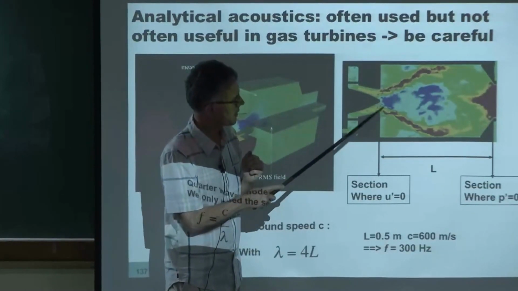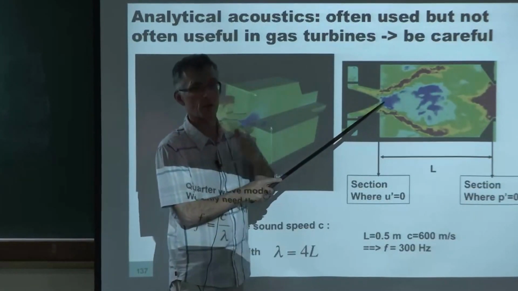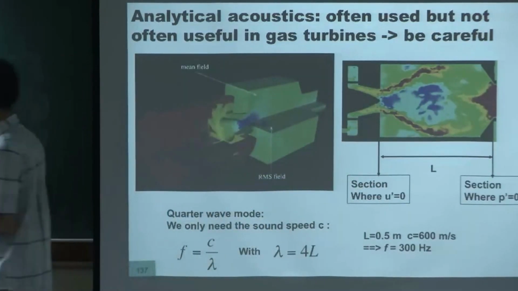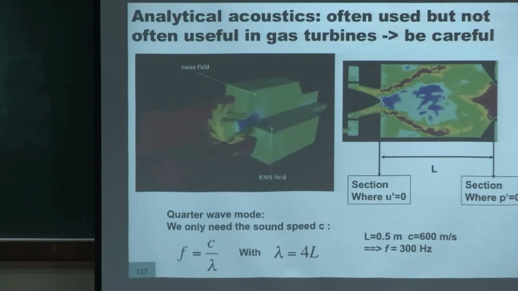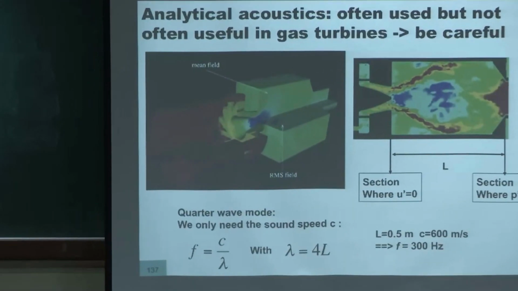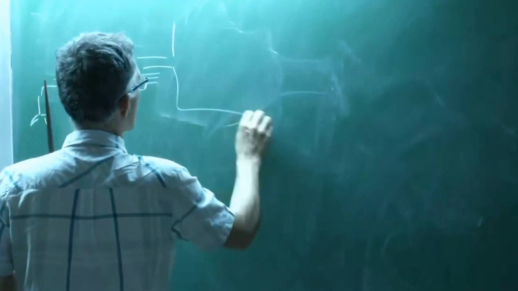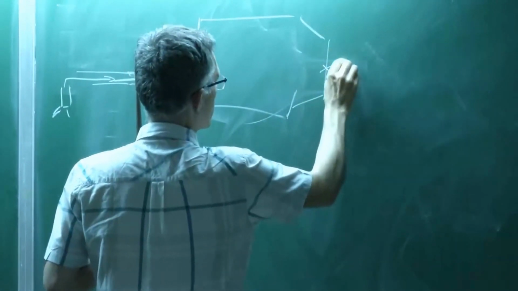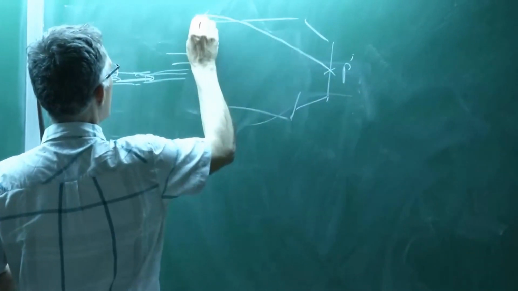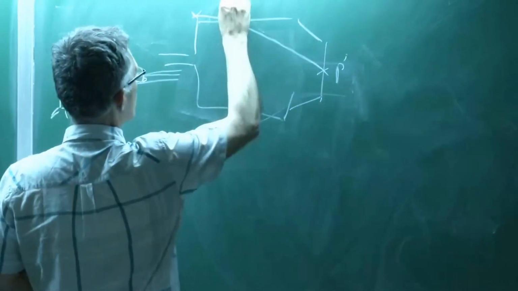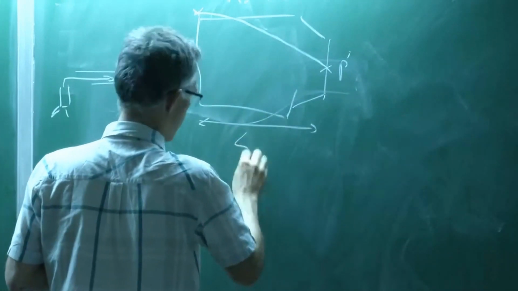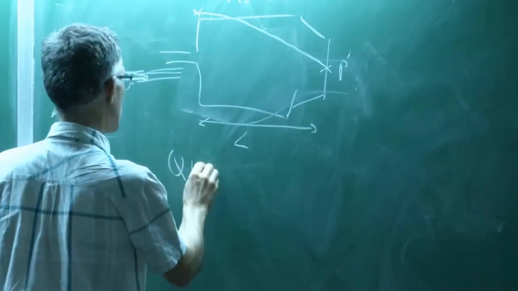It's a mode which has a velocity node, which is a pressure antinode here, and a pressure node at the outlet. So it has to look like this. Zero pressure here, maximum pressure here. You see that the wavelength of this mode is equal to 4 times the length which is here. That's what we call the famous quarter wave mode.